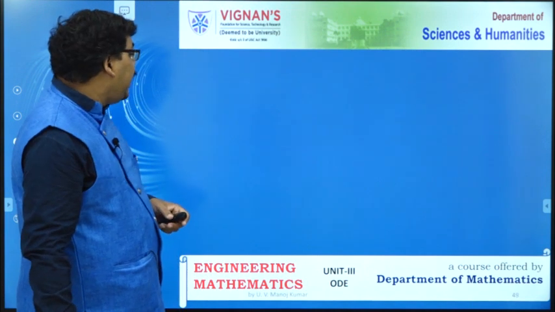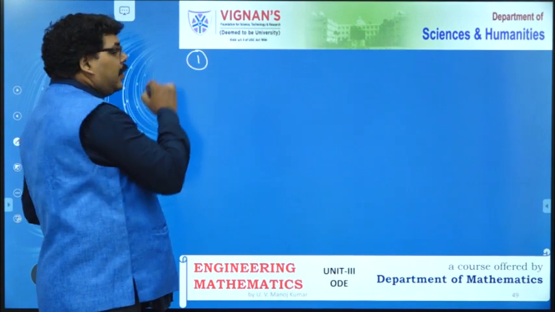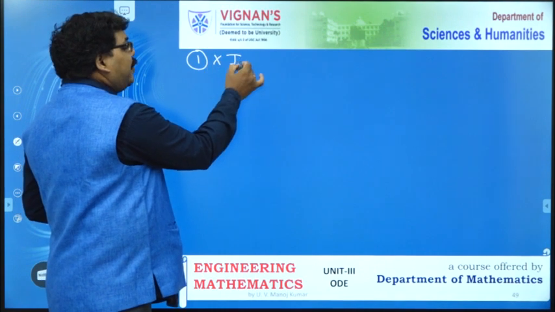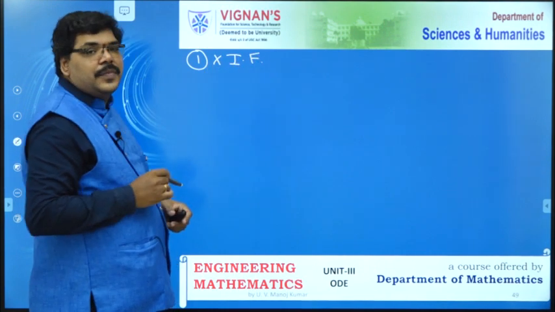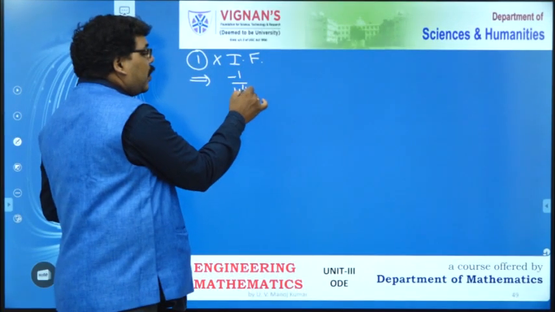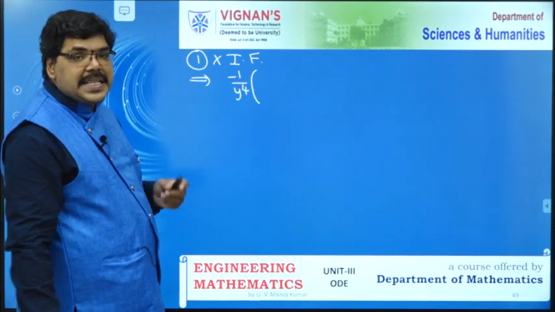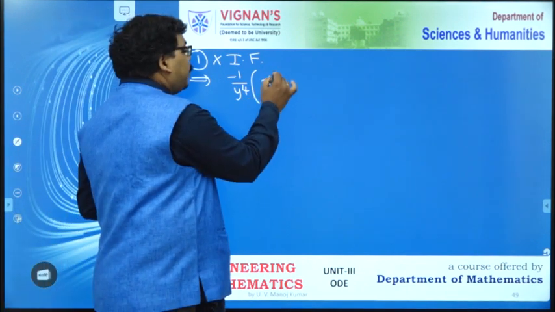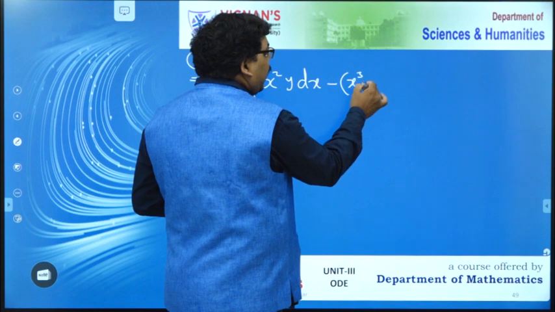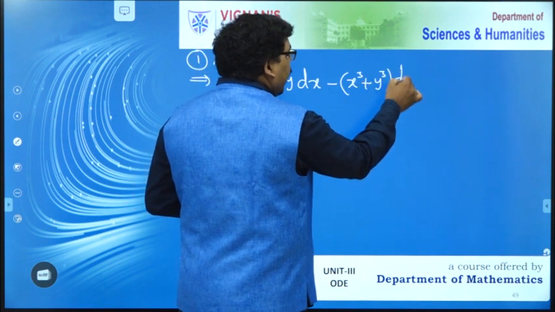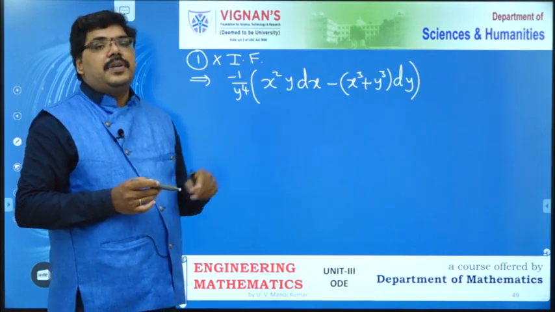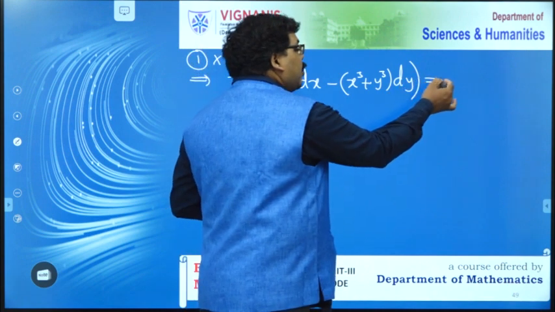Then I will get minus 1 by y power 4 into x square y dx minus bracket open x cube plus y cube bracket close dy equals 0.